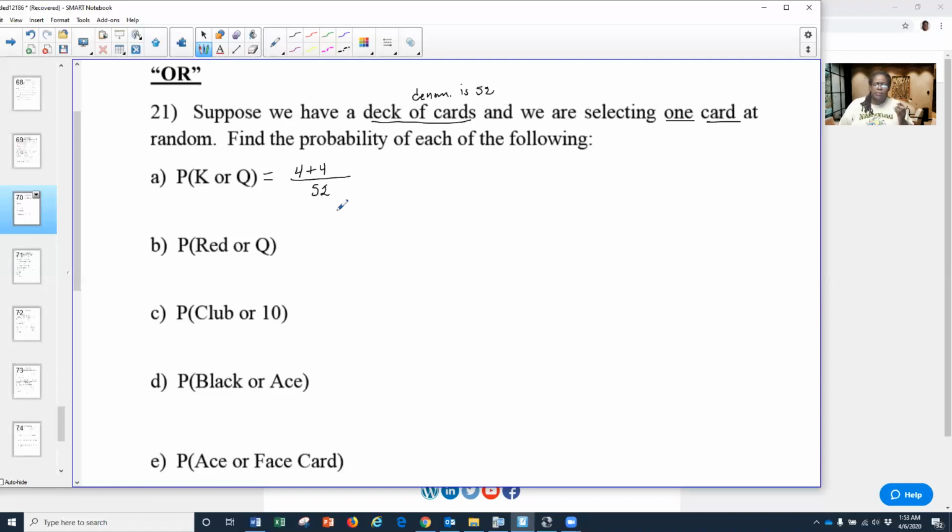So a card being a king and a queen together, there's no overlap there. So these events are mutually exclusive from each other. All right. So when you're dealing with OR, we have to think about the possibility of overlap, because we cannot double count stuff.